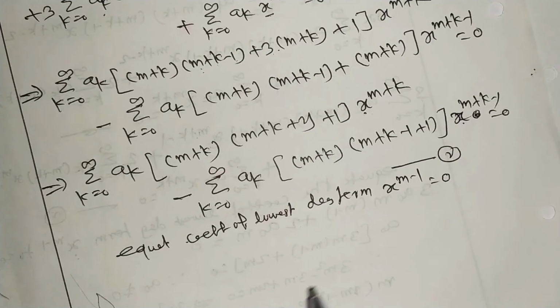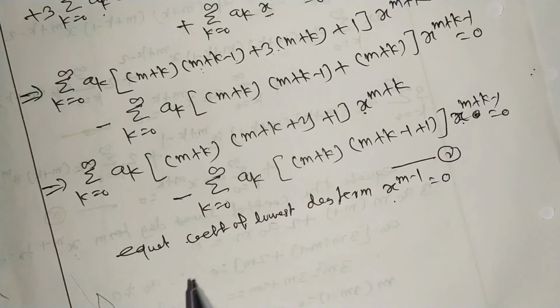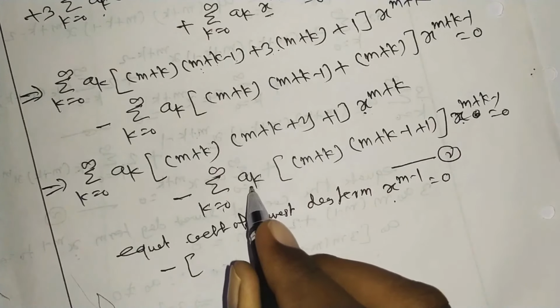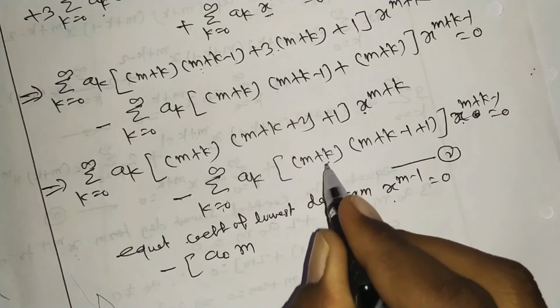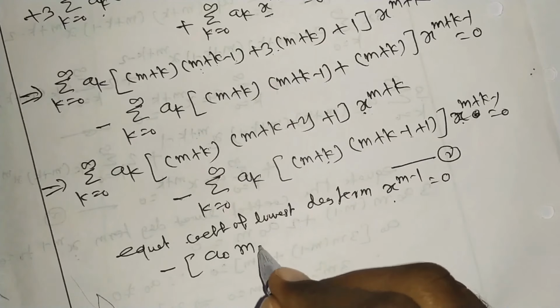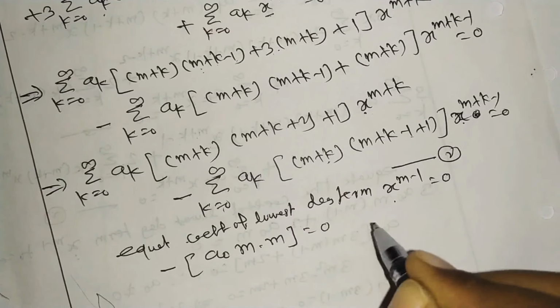Equate the coefficient of x raised to m minus 1 to 0. For k equal to 0, that coefficient is this minus sign, a0 into m plus 0, and this 1 gets cancelled, into m is equal to 0.